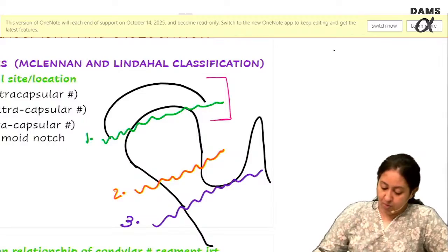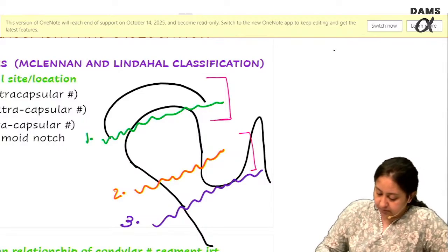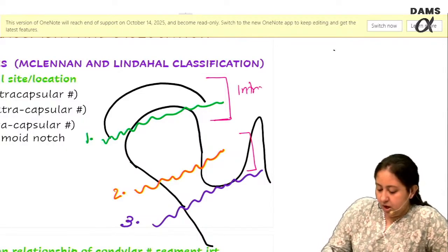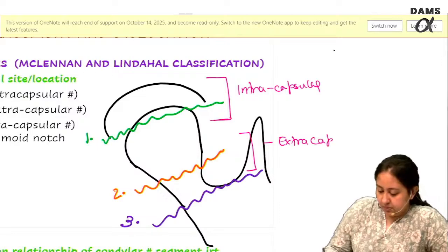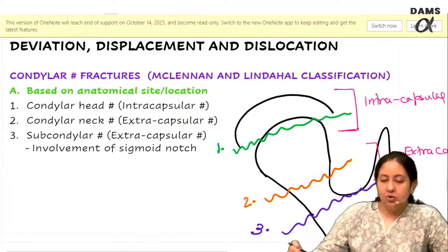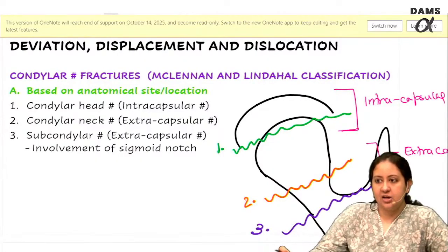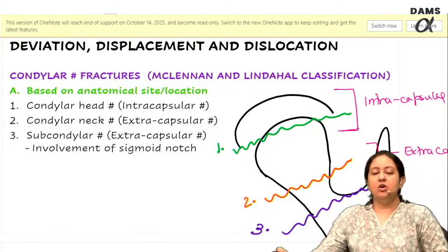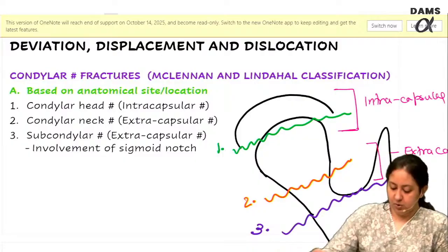So these two become extracapsular. So based on anatomic site or location, we have a condylar head fracture, condylar neck fracture, or a subcondylar fracture where the sigmoid notch is also involved.